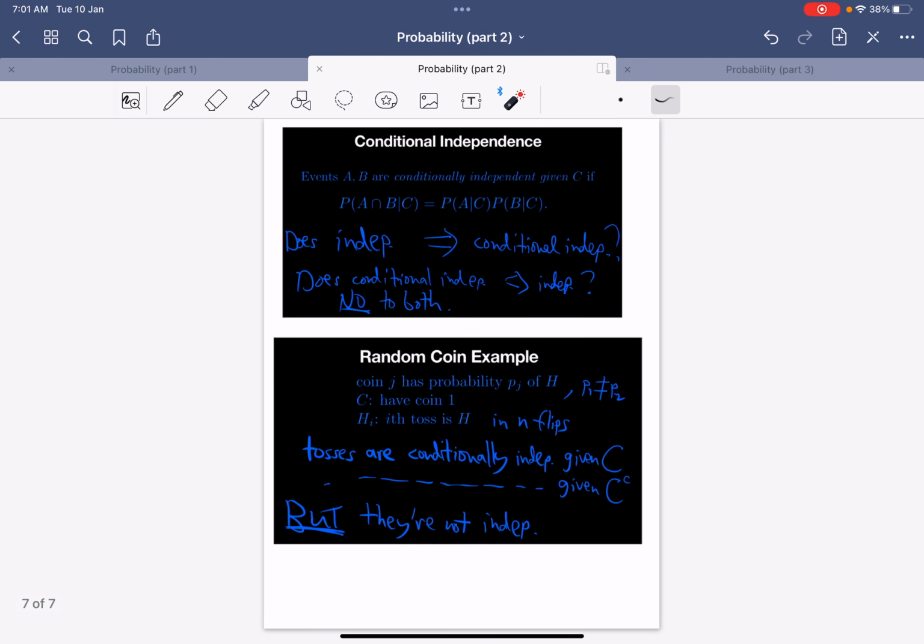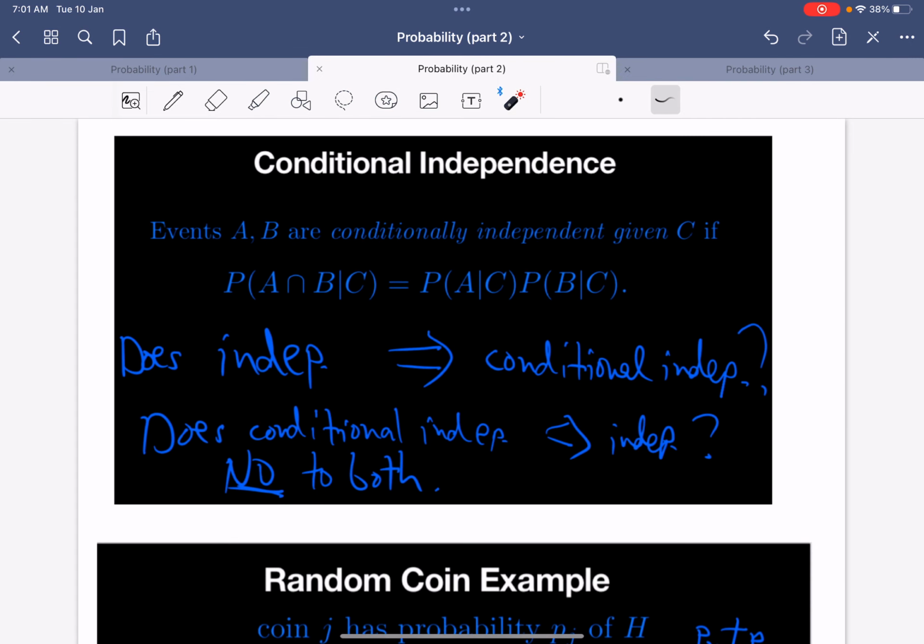And lastly, let me just go through what conditional independence is. So we have conditional probability, we have independence of events. Conditional independence is that you have two events and they are conditionally independent given a certain event C if the probability of the intersection given C is just the probability of A given C times the probability of B given C. And that's really a very natural definition to give. I'll give you an example to understand it better.